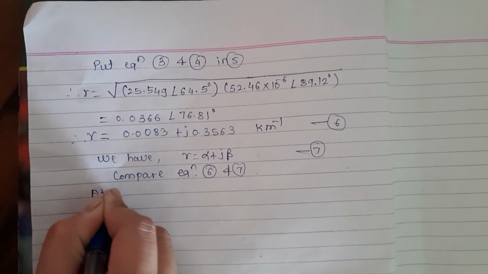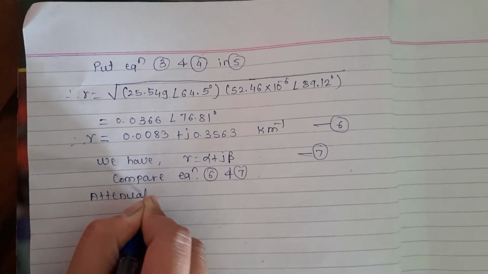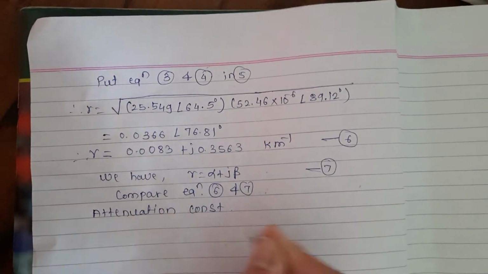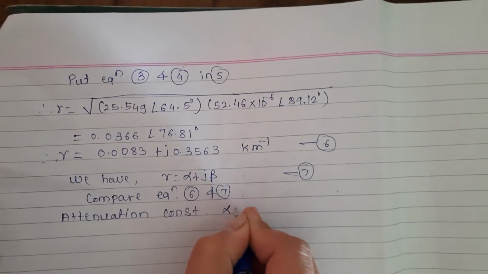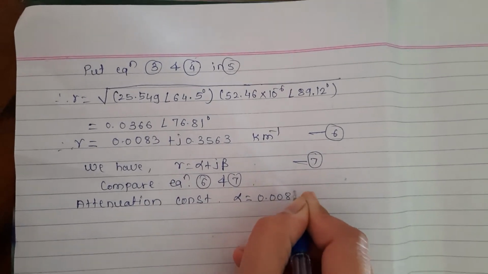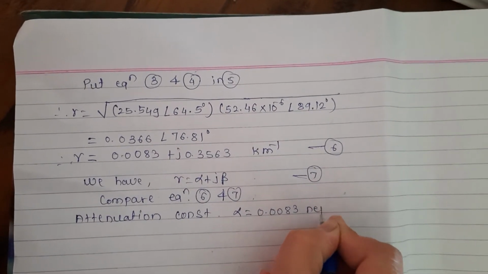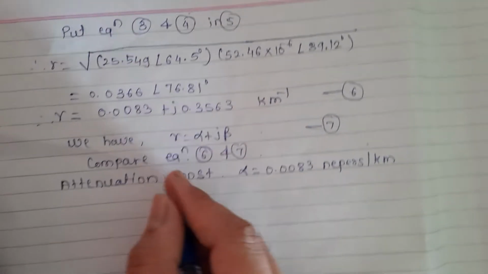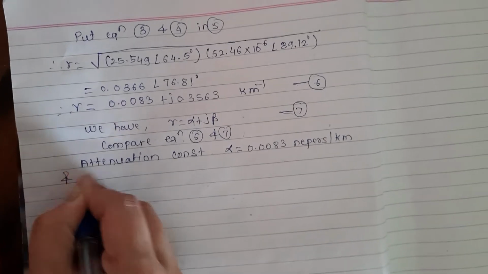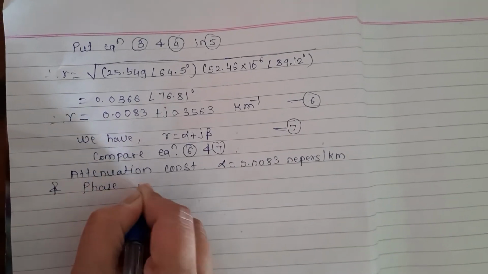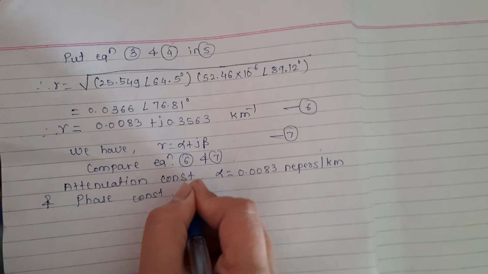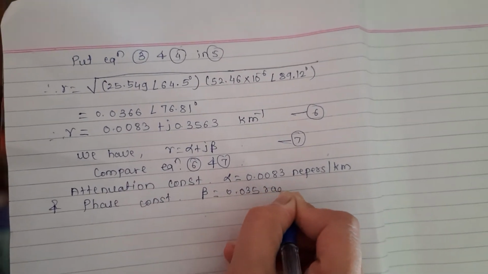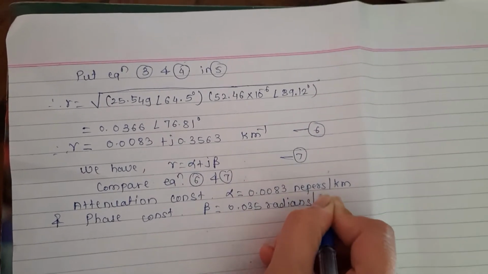So attenuation constant alpha is equal to 0.0083 neper per kilometer, and phase constant beta is equal to 0.035 radians per kilometer.